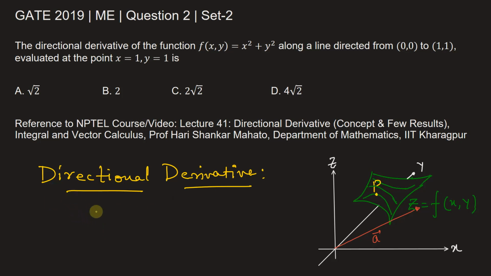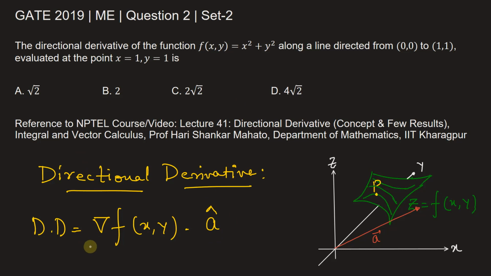Mathematically, directional derivative is given by the gradient of f dot product with the unit vector of a vector. So this is called the directional derivative of the function in the direction of a vector.